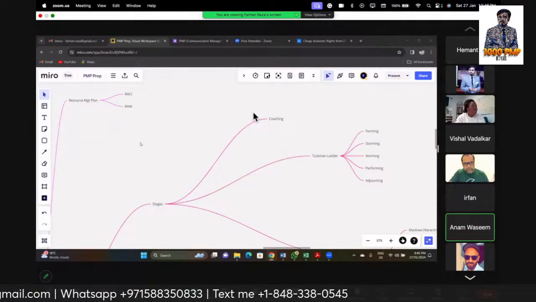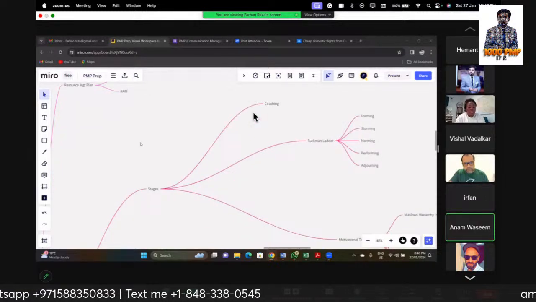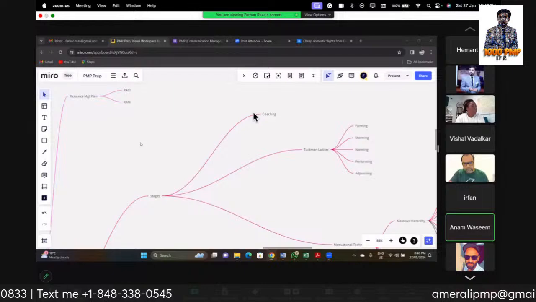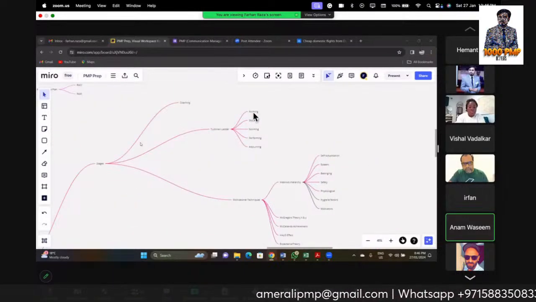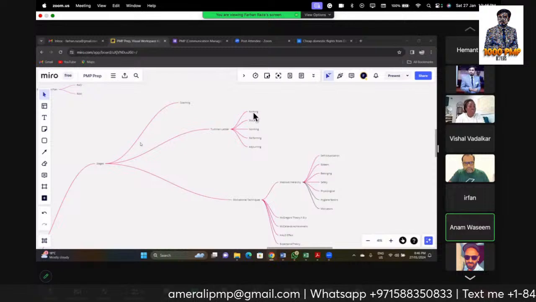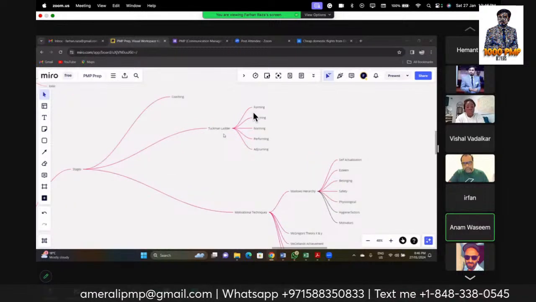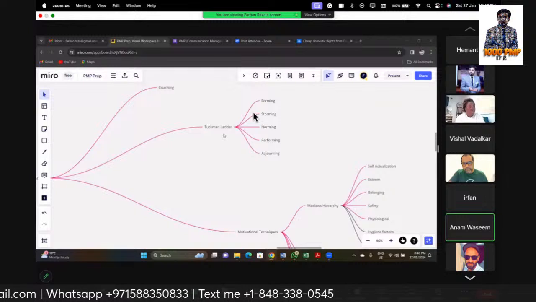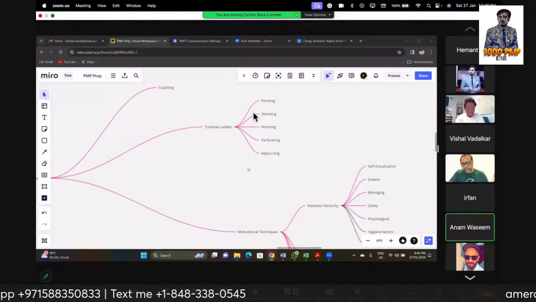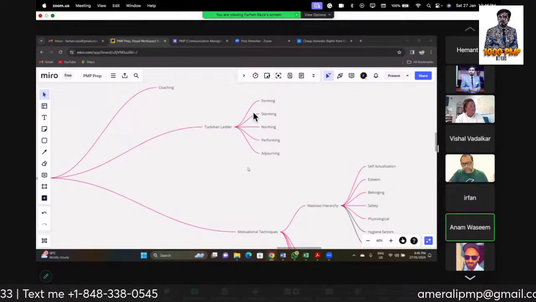These two are made after the resource management plan. While going deeper into teams, there are different stages through which every team goes. One of the most important is the Tuckman ladder. In the Tuckman ladder, there are 5 stages of every team: forming, storming, norming, performing, adjourning.